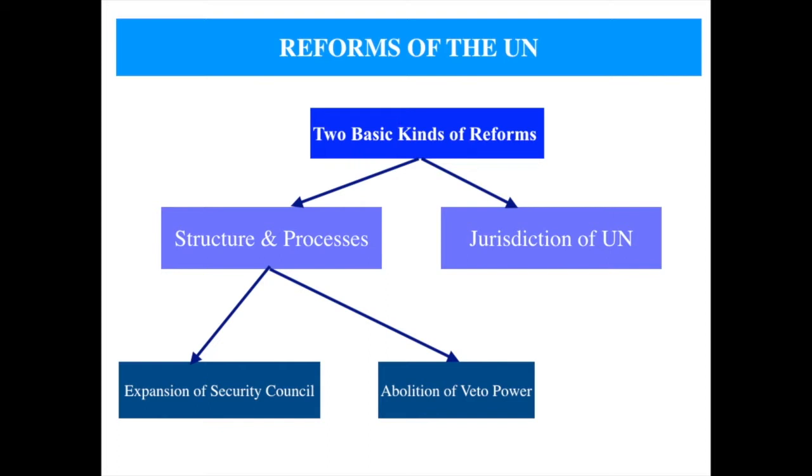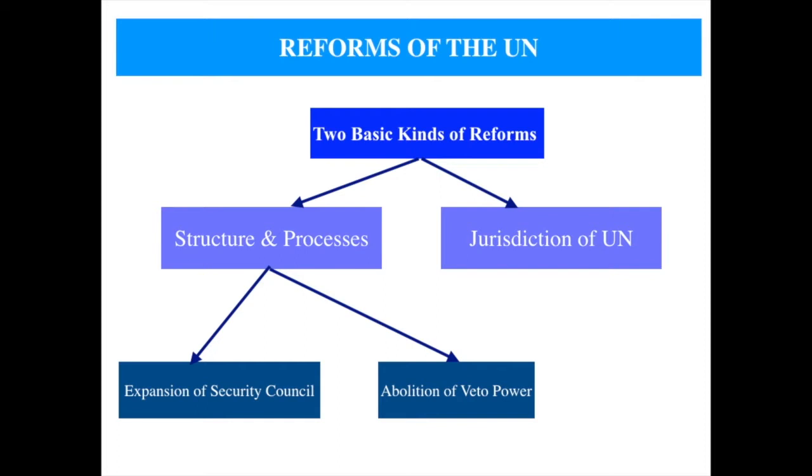But after the end of the Cold War, these realities have changed. For example, the relations between the United States and the USSR have improved. The United States emerged as a superpower, and we also have the emergence of new centers of power, which we'll discuss further.